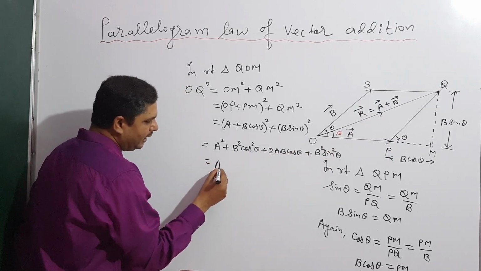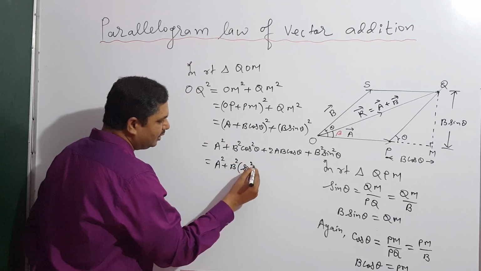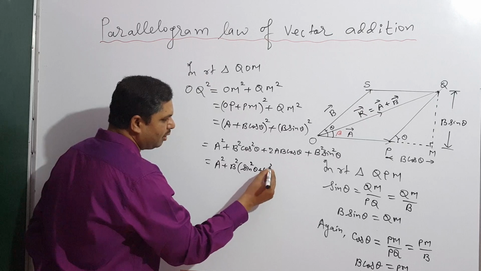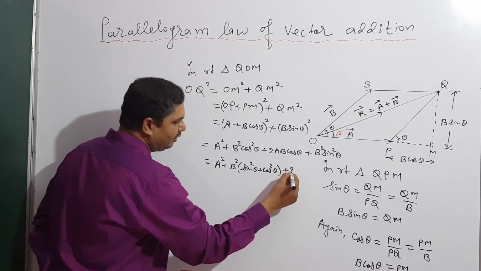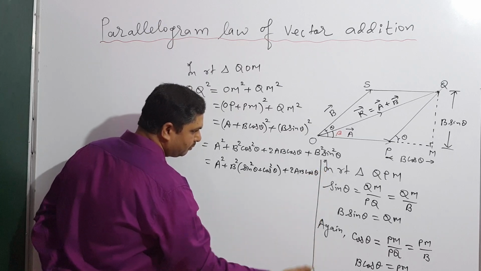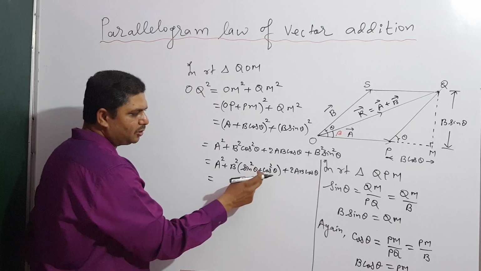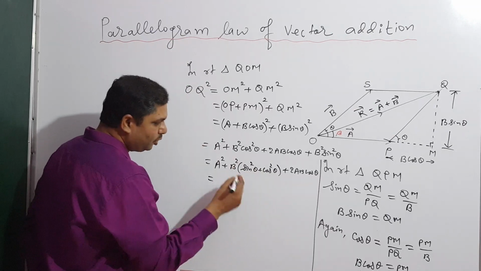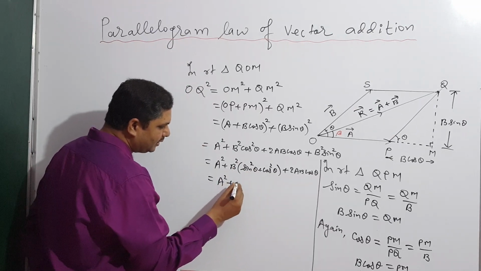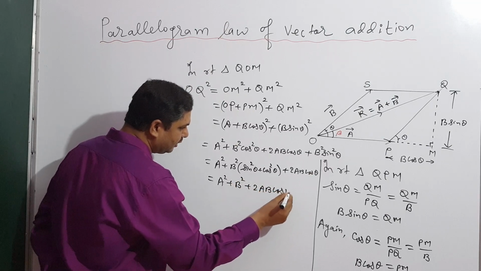So you write it as A square plus B square (sin square theta plus cos square theta), then you write 2AB cos theta. So you have sin square theta plus cos square theta equals 1. So you write it as A square plus B square plus 2AB cos theta.